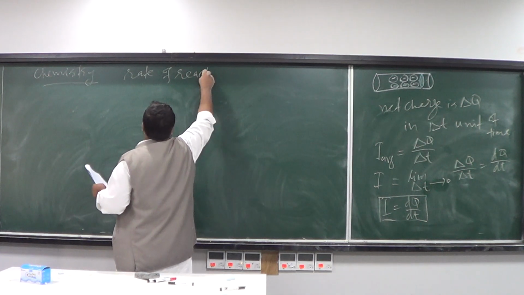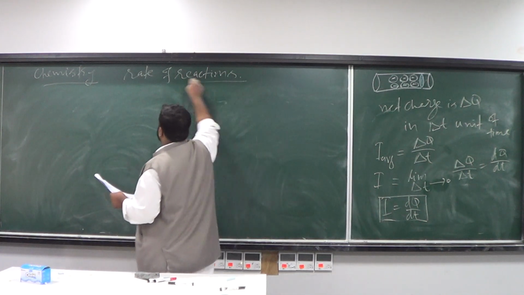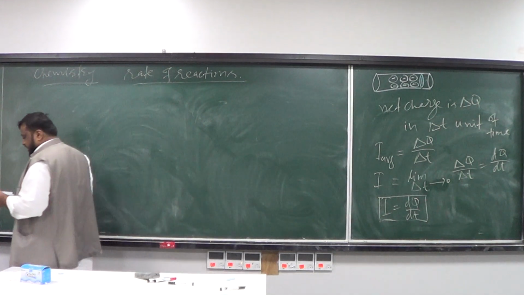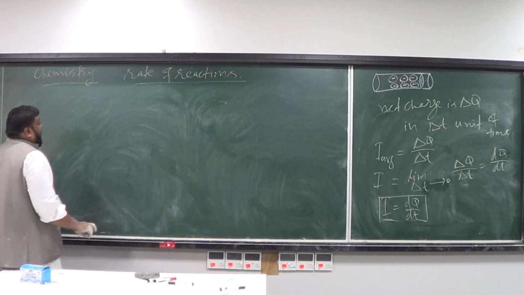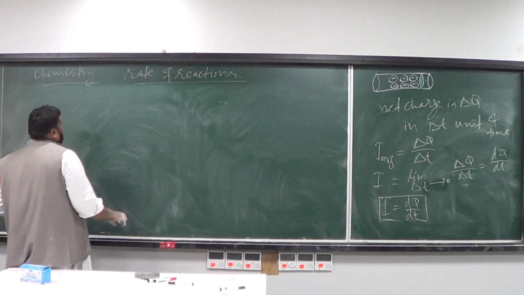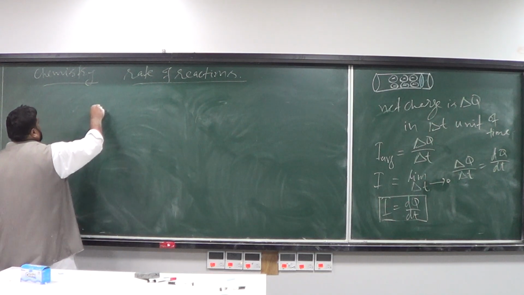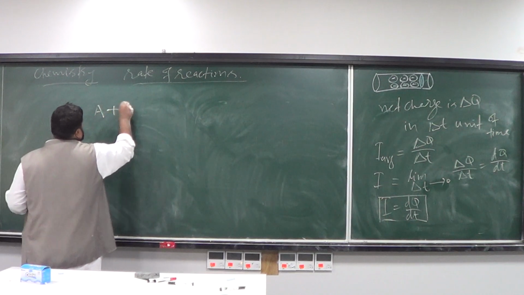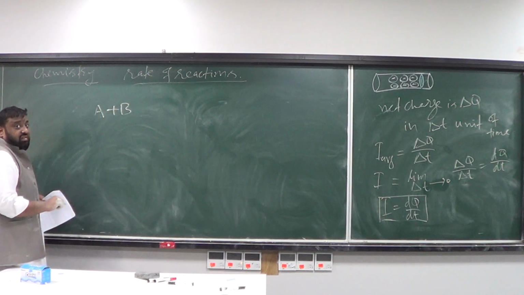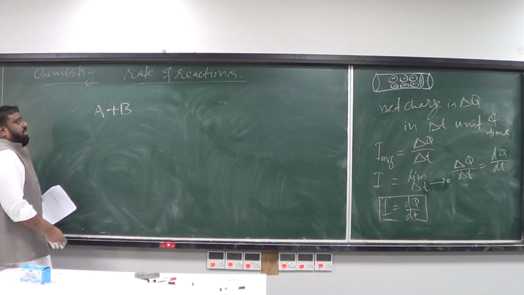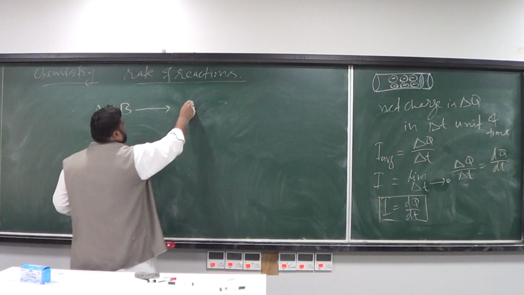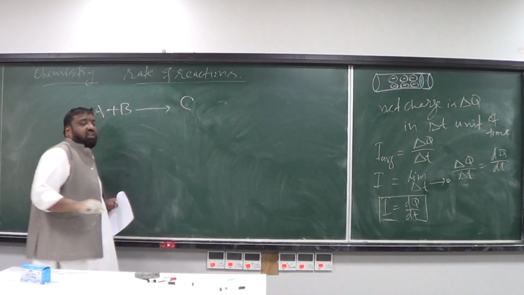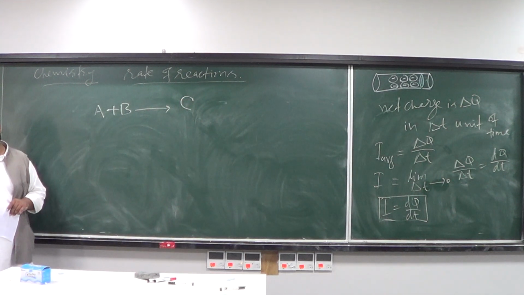You are interested in the rate of reaction, so how can you model this rate of reaction? Now, what is a chemical reaction? You take two reactants, two chemicals, and under certain conditions they produce another chemical, say a chemical C.